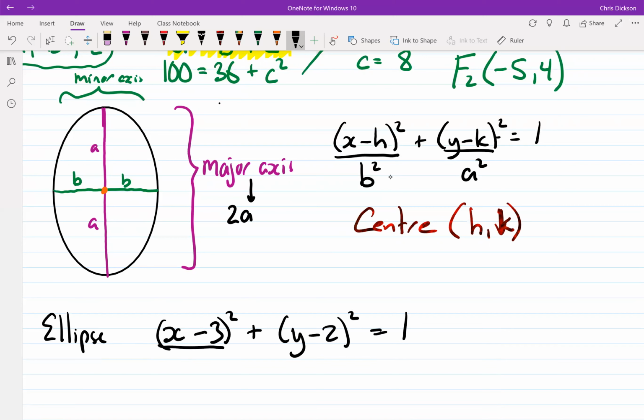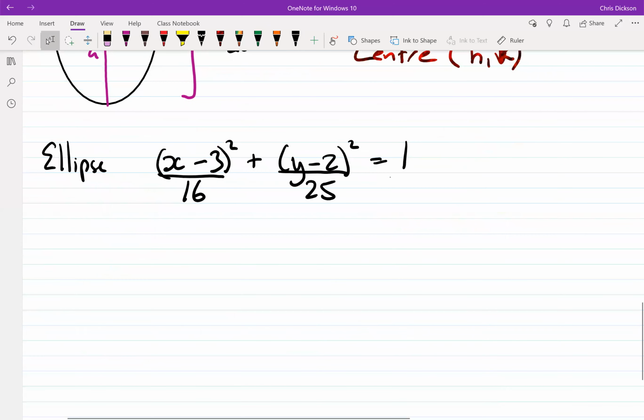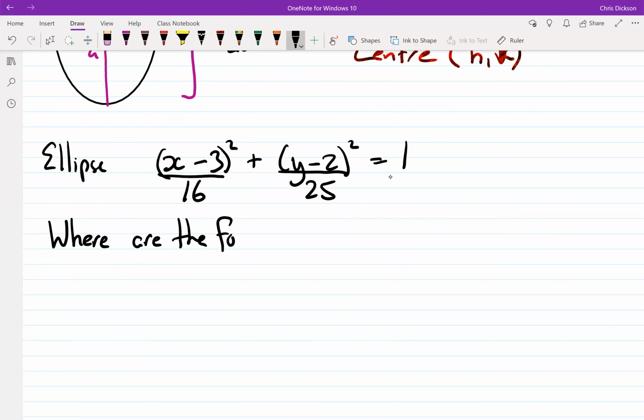And then let's make this 25, and let's make this 16. Okay, and we're going to ask you a few things. Let's say, where are the foci? Where are the foci for this question?